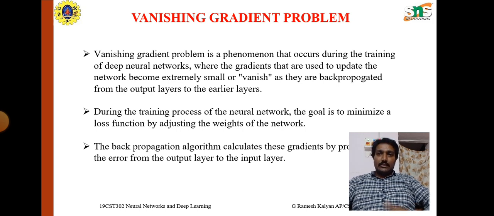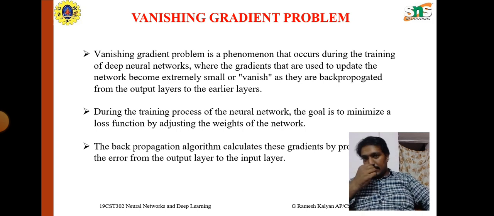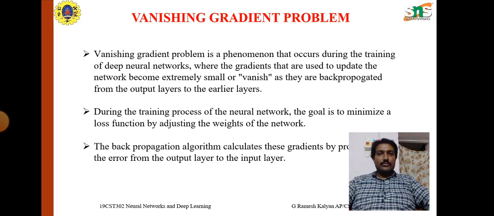The gradients become extremely small in size, or in some cases they may vanish, when they are backpropagated from the output layers to the earlier, that is the front, layers. This process is known as the vanishing gradient problem. During this process, the goal is to minimize the loss function by adjusting the weights of the network.